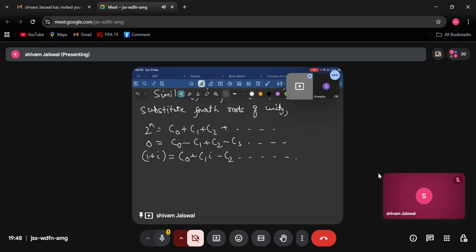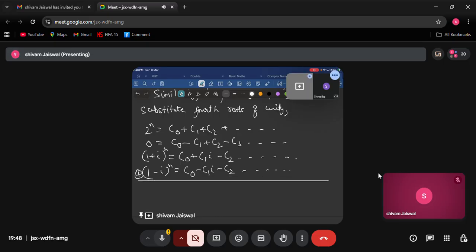And lastly (1 minus iota) whole to the power n is equal to C0 minus C1 iota plus C2 iota square, minus C2 dot dot dot dot, and then you add, you get the result.